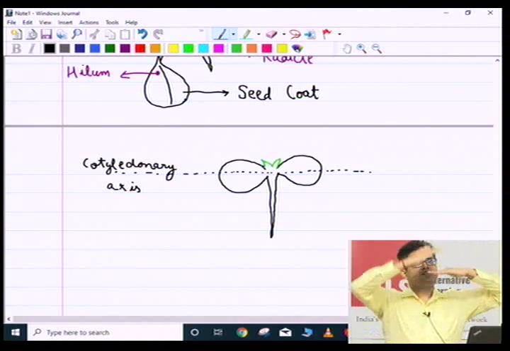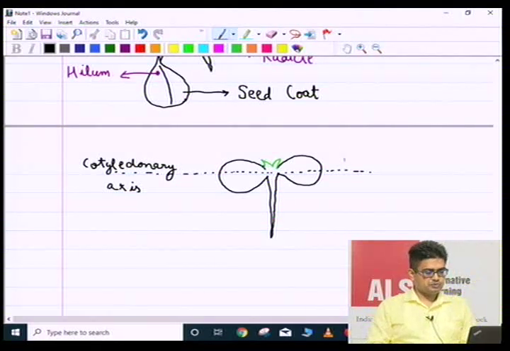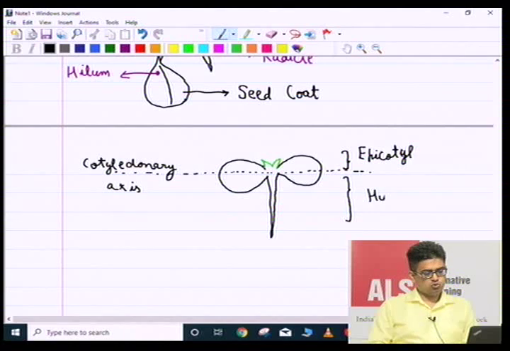Above the cotyledonary axis, the plant part which is present is called the epicotyl. The lower part is called the hypocotyl.